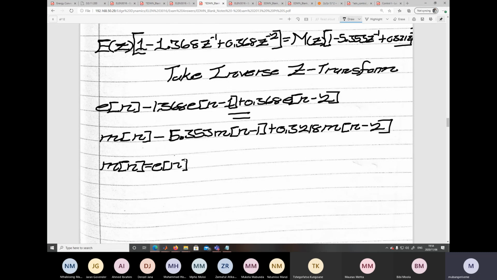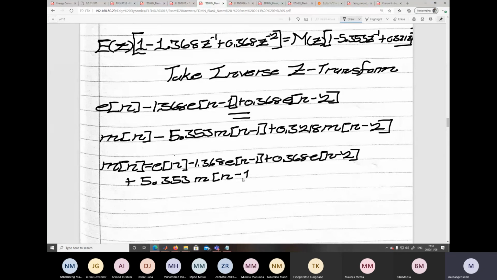So that's e of n, okay, let me do all the e's first, minus 1.368 e of n minus 1, plus 0.368 e of n minus 2, plus 5.353 m of n minus 1, plus, I think it's minus 0.3218, yeah, I just realized that, thank you, minus m of n minus 2. Okay, and that's your difference equation.